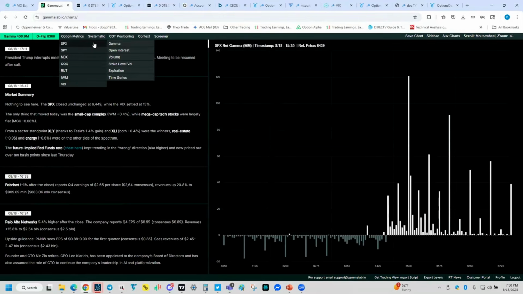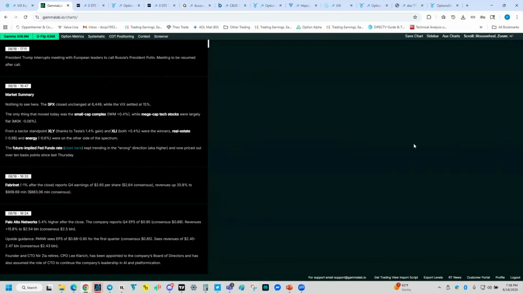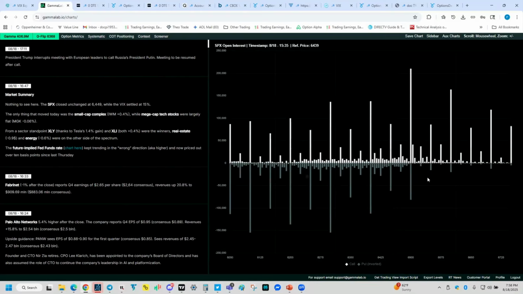So for SPX, it's nice to be able to see gross open interest and see where all the open interest on the planet Earth is. And you see where the biggest ones are.